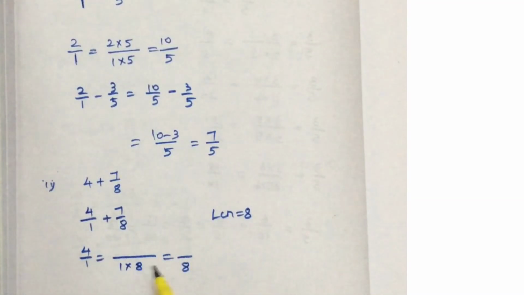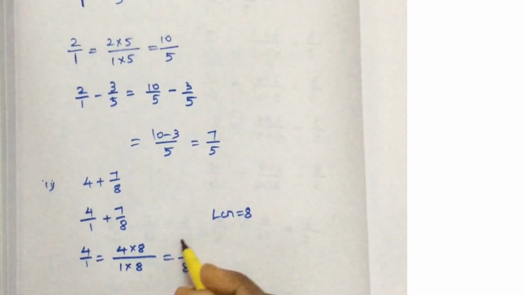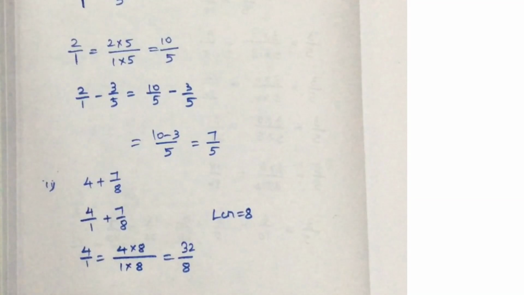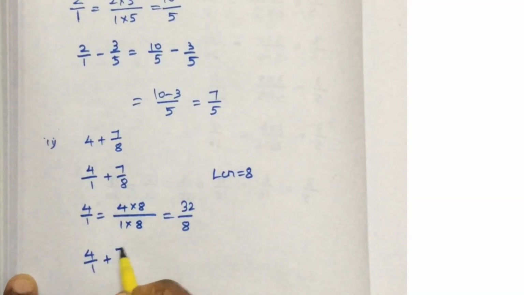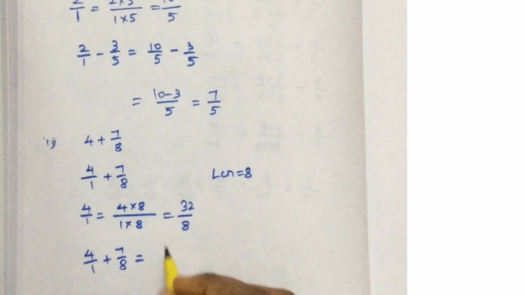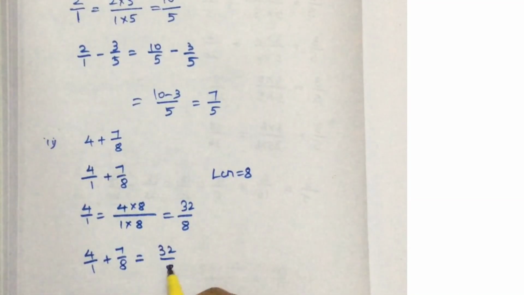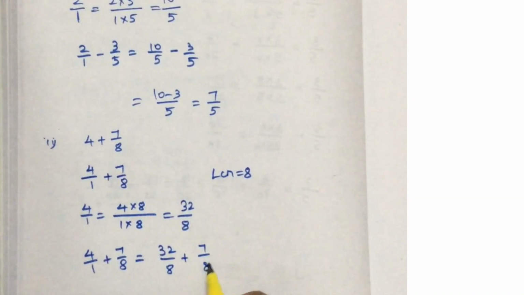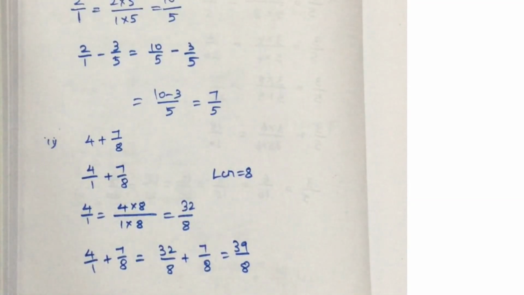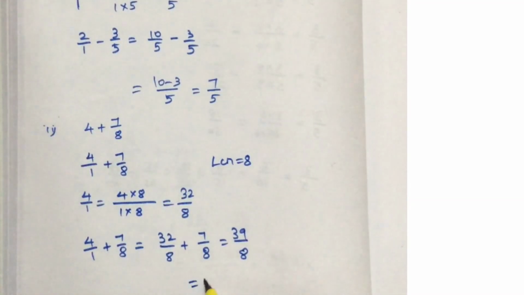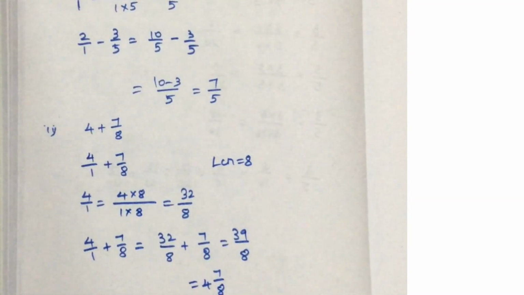So 1 multiplied by 8 and 4 multiplied by 8, that is, here it is 32. Therefore 4 by 1 plus 7 by 8, that is equal to, instead of this 4 by 1, I can substitute 32 by 8 plus 7 by 8, that is equal to 39 divided by 8. If you want to write in mixed fraction, you can write, which is 4 7 by 8.